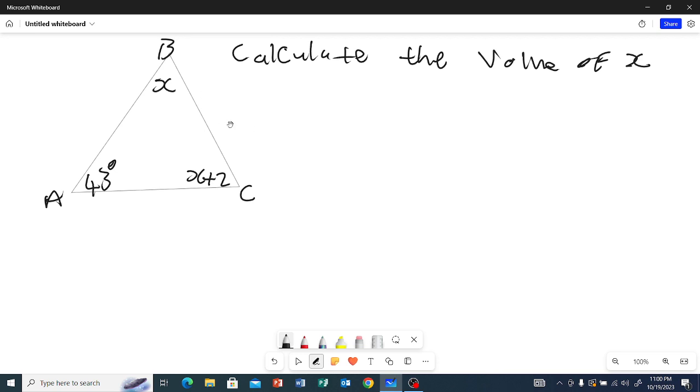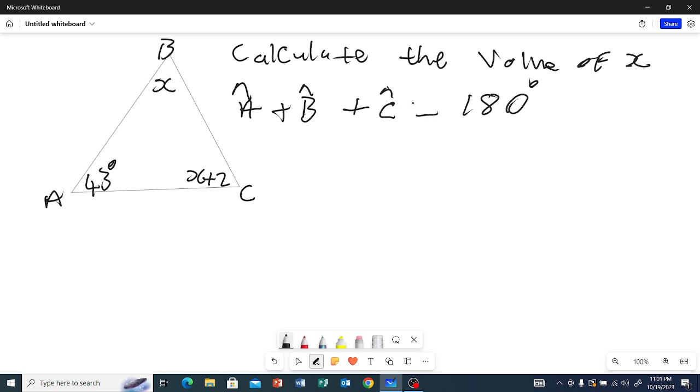First things first, you apply the theorem of sum of interior angles of a triangle. What does the theorem say? It says that the sum of angles in a triangle adds up to 180 degrees. So angle A plus angle B plus angle C is equal to 180 degrees. That's what you must write as a first statement.